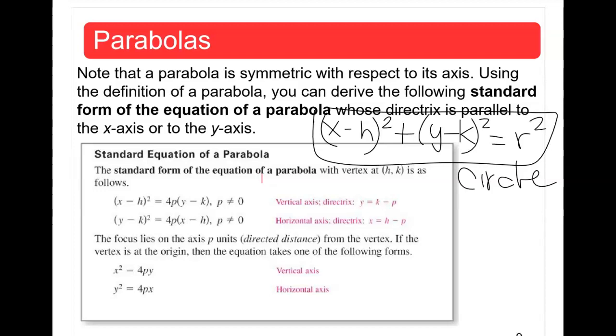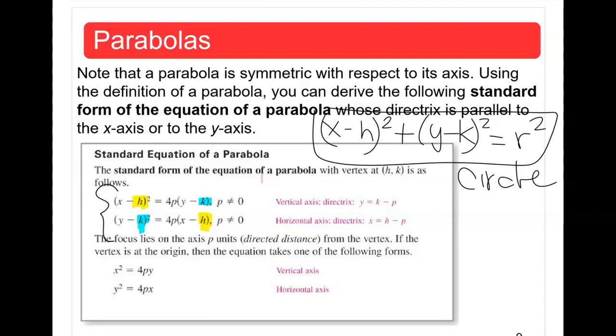For the parabola, we have these two equations. And just get used to it: h will always go with x, as you could see here, and k will always go with y.